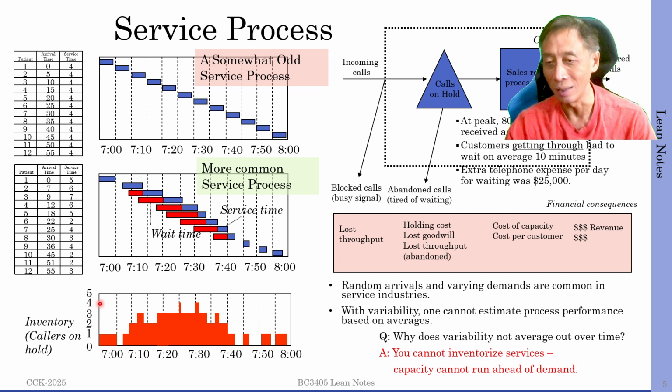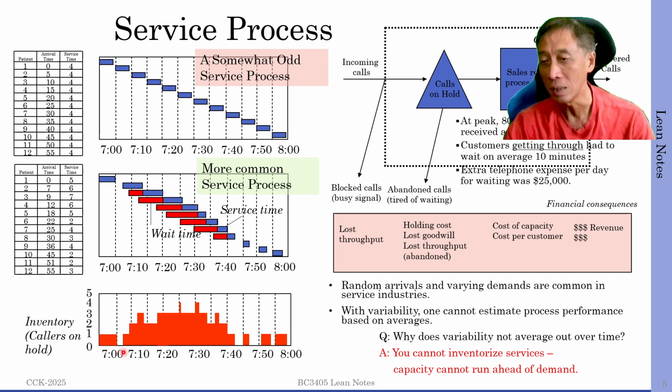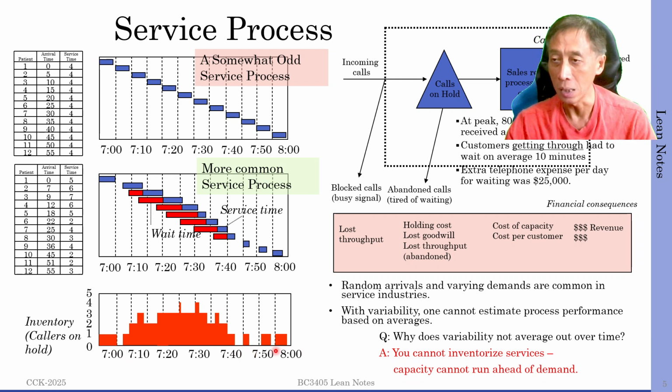So the vertical axis is the queue size, the inventory, the WIP. The horizontal axis is the time axis. So this is a different way to look at it as opposed to a histogram. With a histogram, as time passes, the histogram more or less will be static, and it will reveal the extent of the variability. The wider the wings, the more varied it is, and that variability is also assumed to be constant.